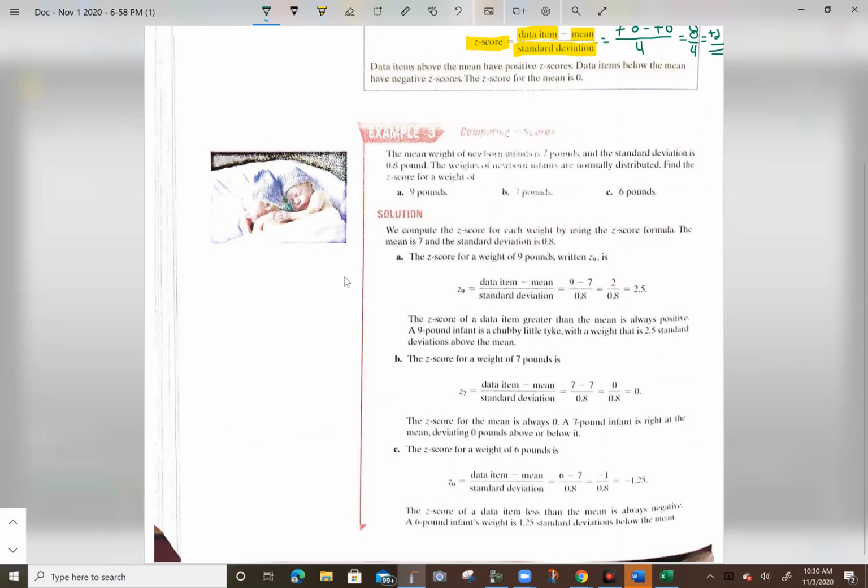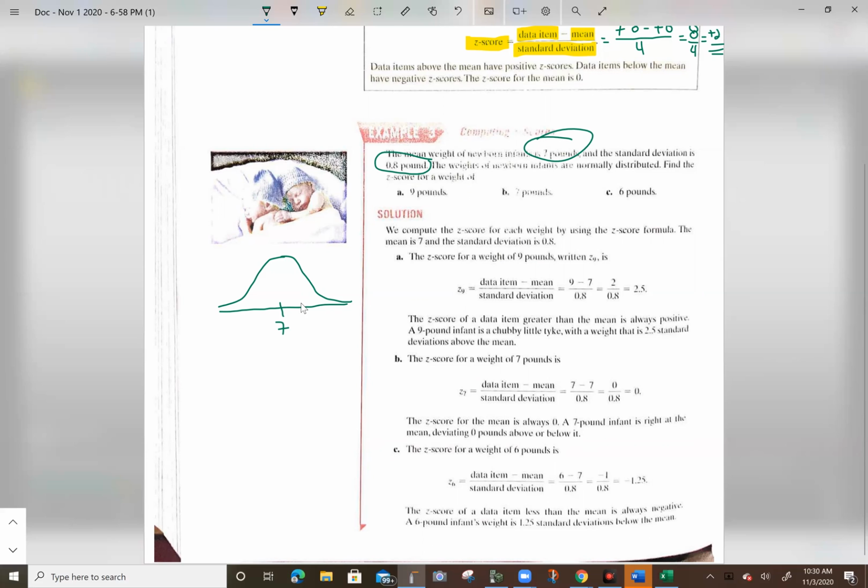Okay, and here they're doing this. I can just draw this for you really quickly. If we have a normal distribution of baby weights, the mean always goes in the middle. It says the mean is 7 pounds, and the standard deviation is 0.8 of a pound.